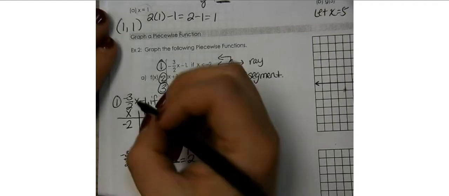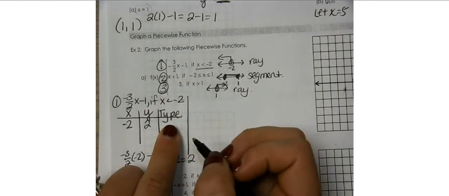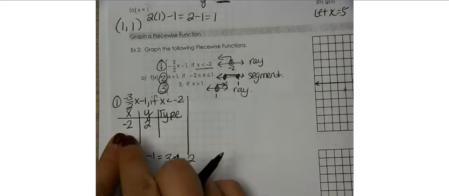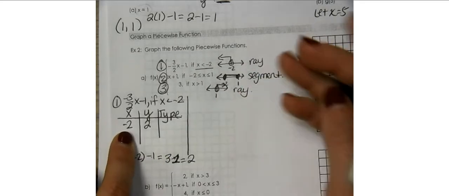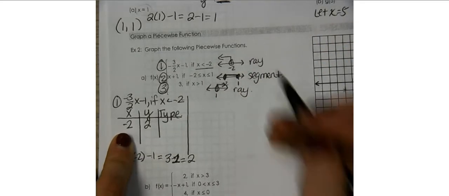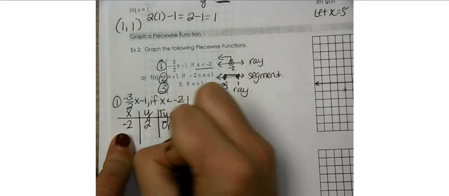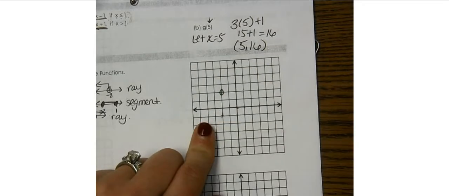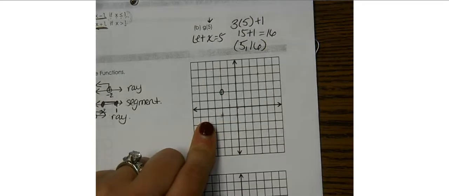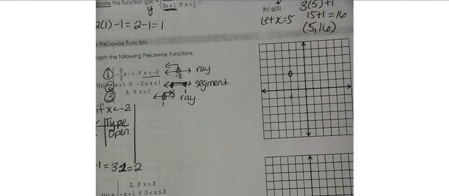So at x equals negative 2, what type am I going to have? Well, because negative 2 would have an open circle on our ray, I'm going to have an open circle on my graph. And that's where I'm going to start. I'm going to plot negative 2, 2 with an open circle. All right, so in order for us to draw a ray, we need 2 points.